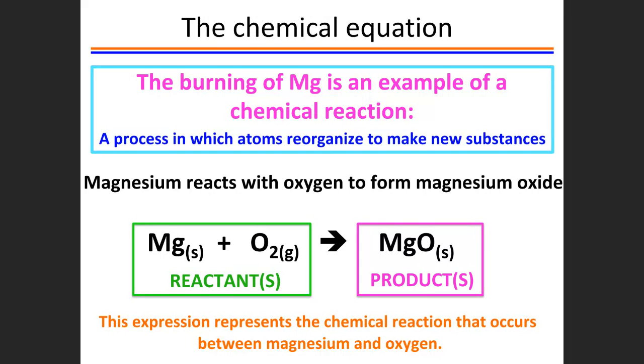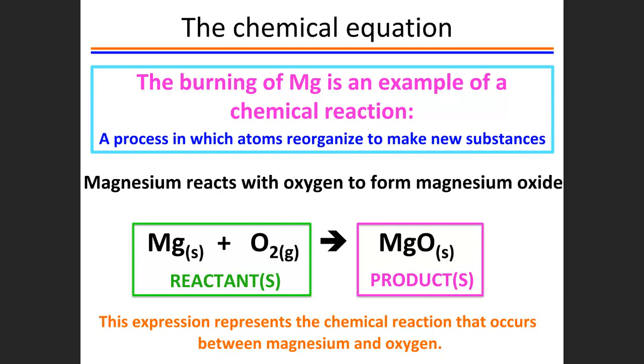Now it takes very long to tell this and always write it in a sentence like magnesium is burning and producing oxide. So in place of that, if we write the chemical reaction, it is clearer, more understandable, and more visually appealing. That's why we use the shorthand representation of the chemical reaction using the symbols of elements or molecules.